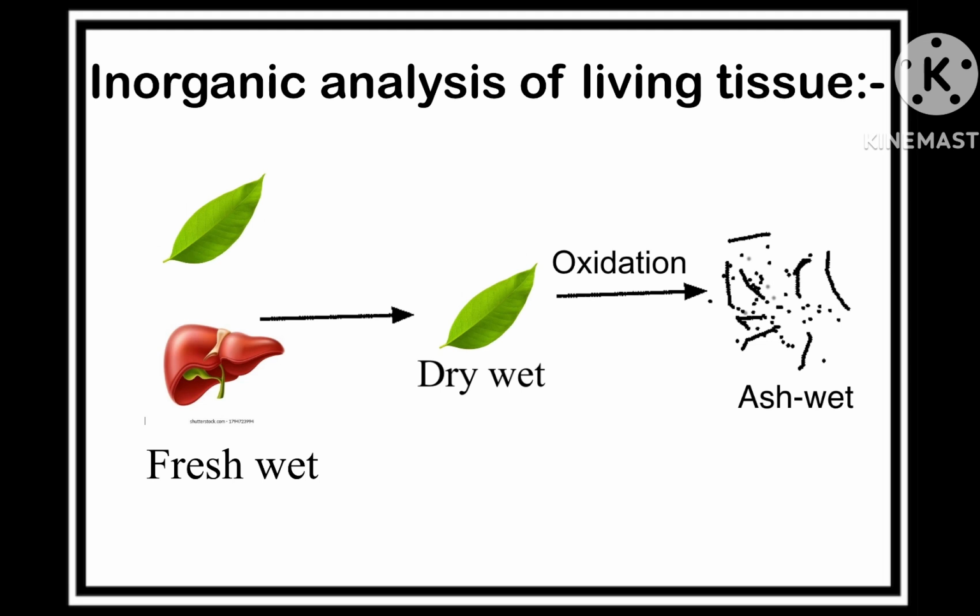Then we'll burn this dried leaf so that all the carbon compounds are oxidized to gaseous form. CO2 and water vapors are removed, and the remaining will be the ash weight. The ash contains lots of inorganic elements like calcium, magnesium, sulfur, phosphate, and many others. If you remember, these inorganic elements in the ash are also seen in the acid soluble pool, right?